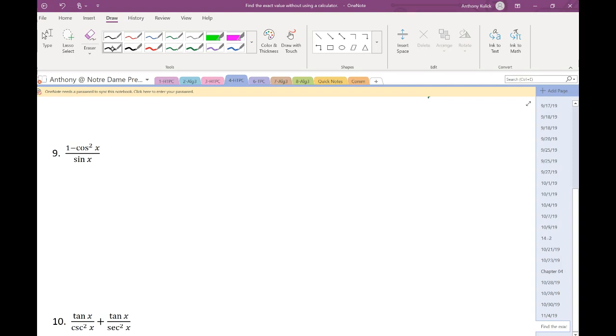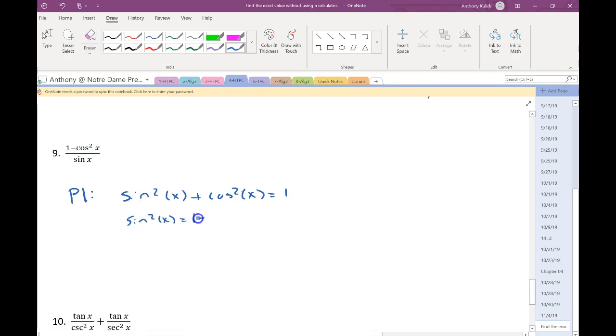Okay. So we know that P1 is sine squared plus cosine squared equal to 1. So if you subtract cosine squared from both sides, we know that sine squared is 1 minus cosine squared.